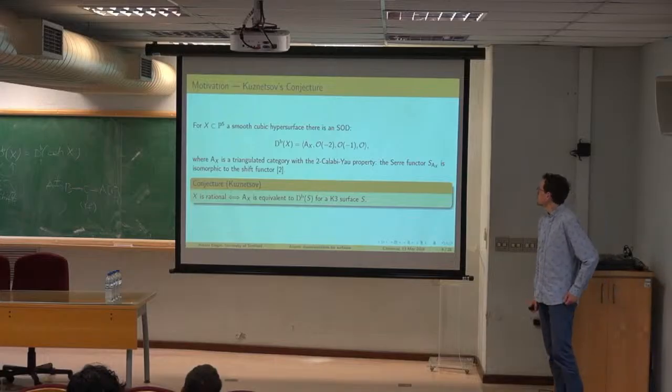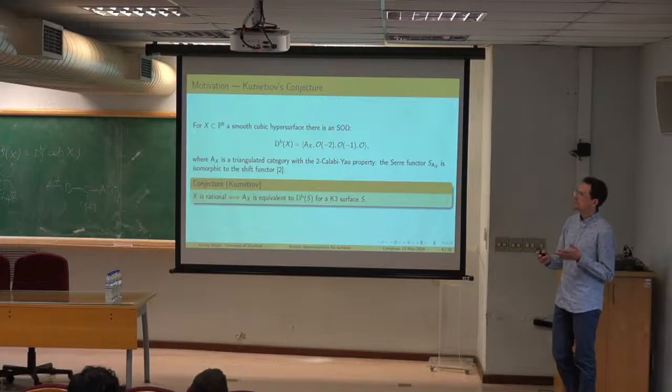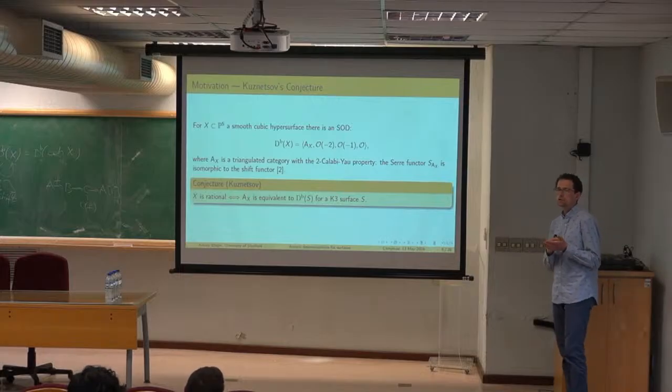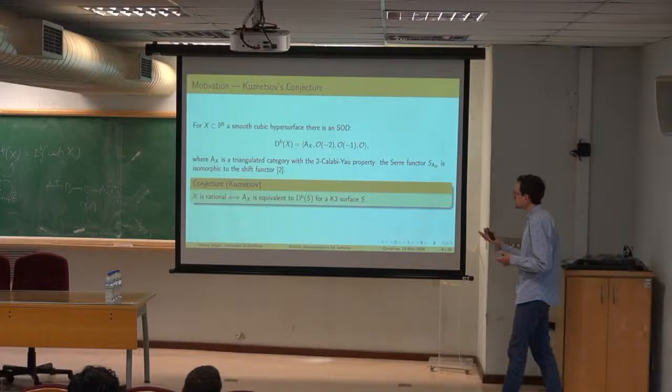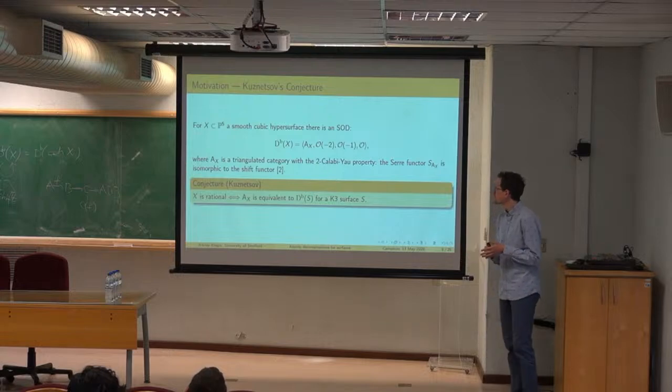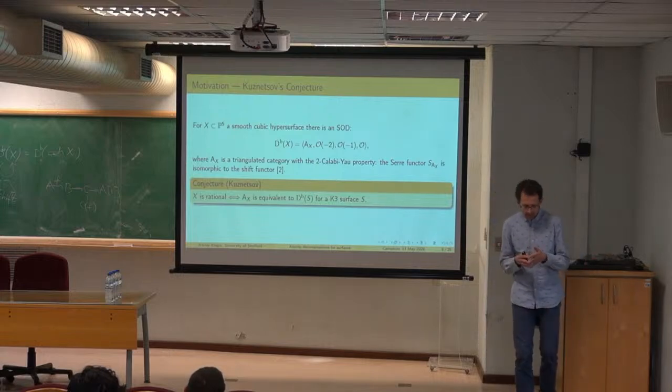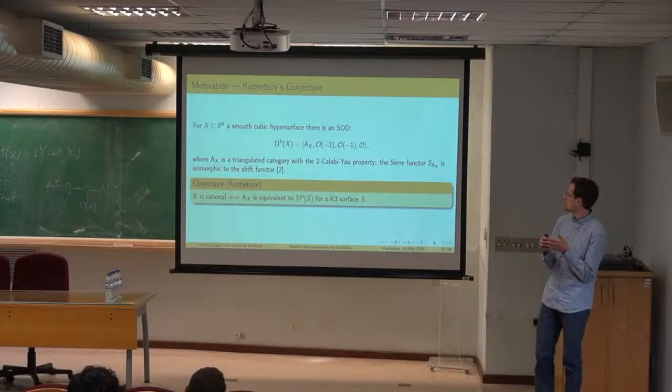It has the 2-Calabi-Yau property, meaning that the Serre functor is isomorphic to the shift by 2. And it is conjectured that X is rational if and only if this subcategory is equivalent to the derived category of some K3 surface.